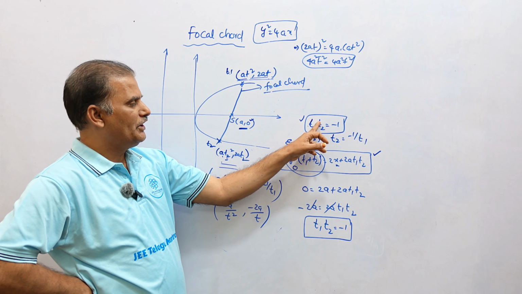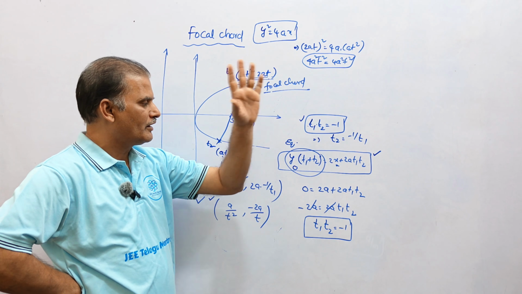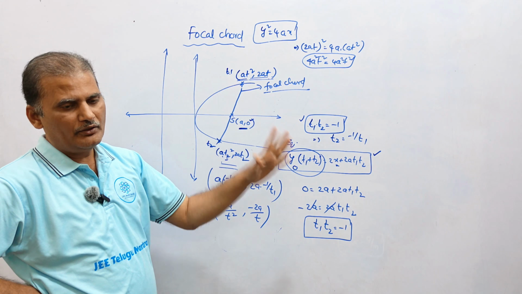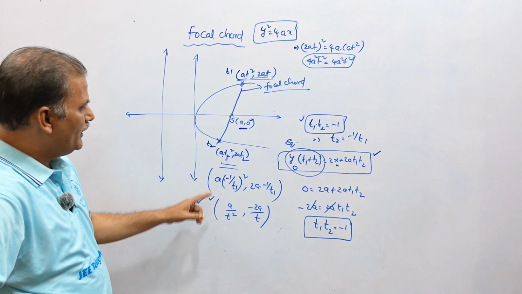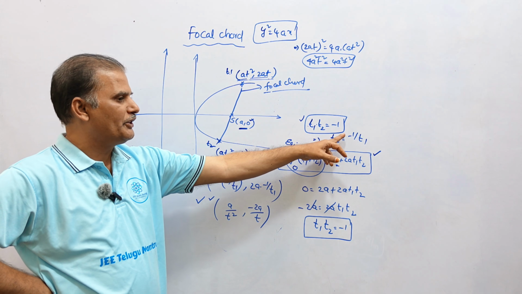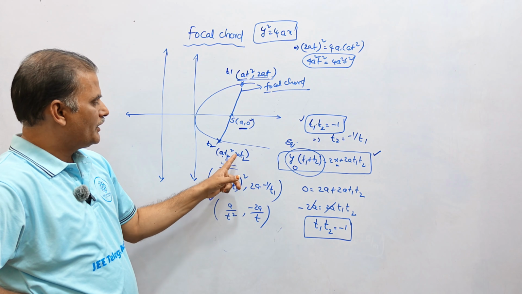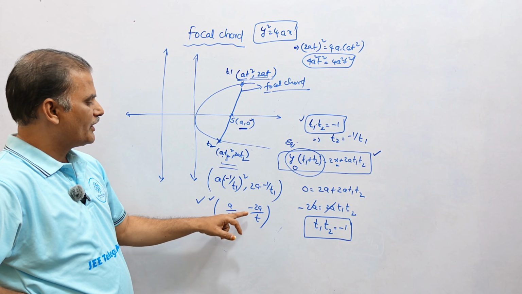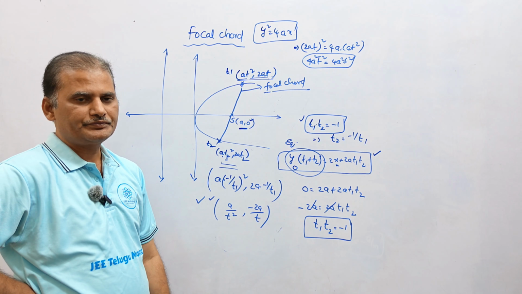By using T2 is equal to minus 1 by T1, I can easily find out the second endpoint of the focal chord. See here, in the place of T2 we replace minus 1 by T1, and we get (a by t square, minus 2a by t).